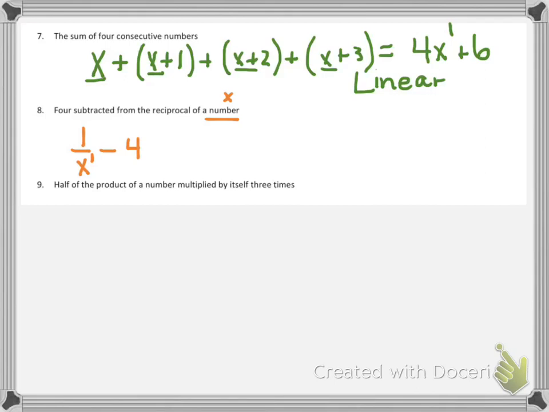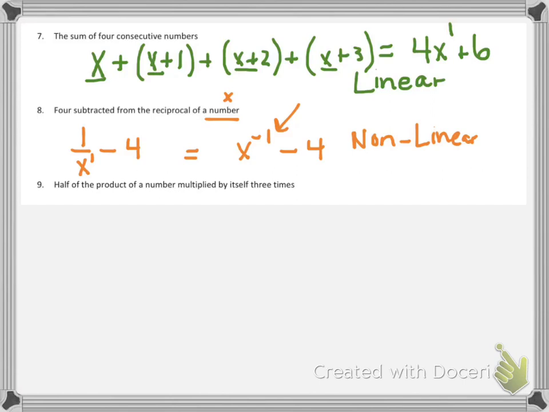But remember, when we take the reciprocal, 1 over x is equal to x to the negative 1, minus 4. And now our exponent is less than 0, so this is nonlinear. All right, nonlinear.